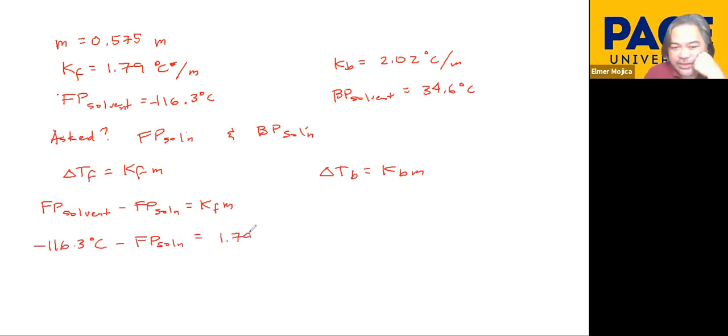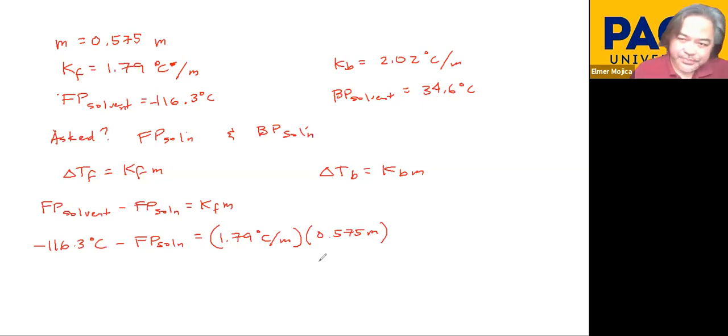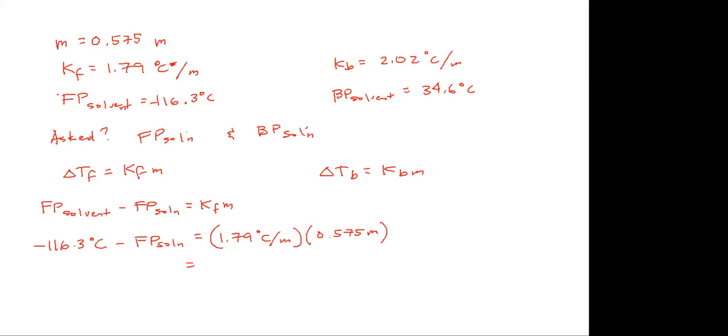Kf is 1.79 degrees Celsius per molal, and molality is 0.575. So what do we do here? What is 1.79 times 0.575? Anyone? 1.03. 1.03.